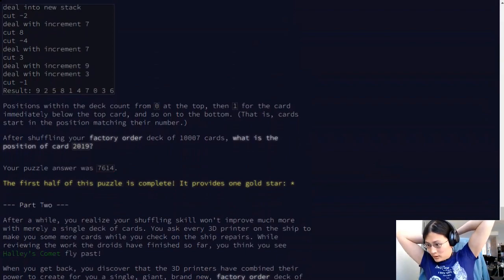So if this worked correctly, I should be able to feed in 7164, and I should be able to get back 2019, I believe. So let's test that.